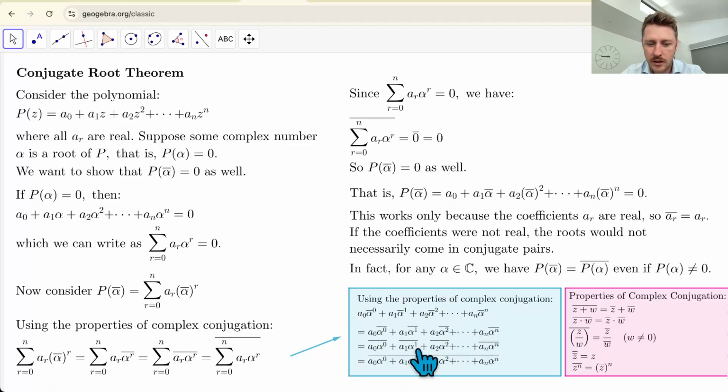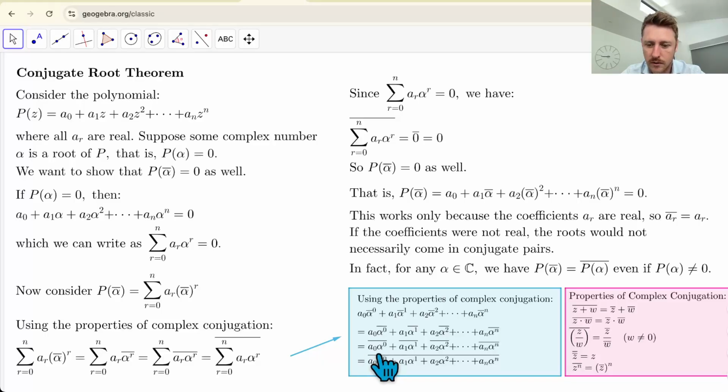Okay, and then this is equivalent to taking, when you multiply by a scalar, a naught multiplied by the conjugate of alpha to the power of 0, which is just the conjugate of a naught multiplied by alpha to the power of 0.